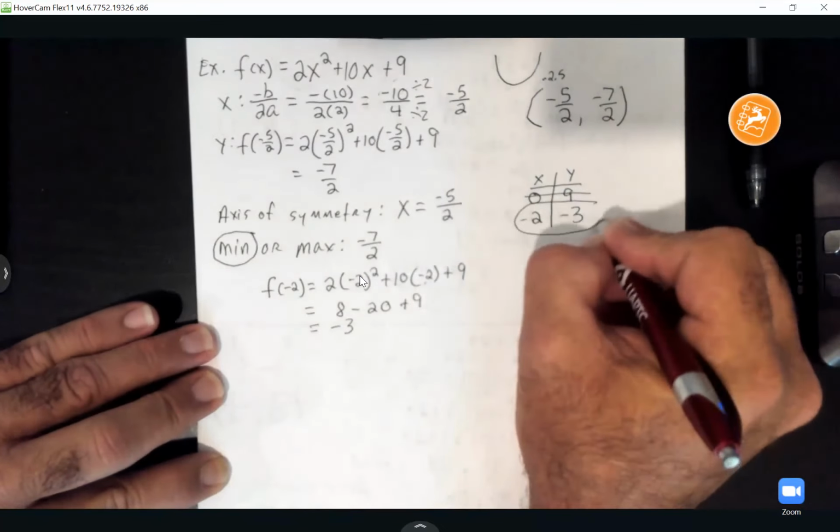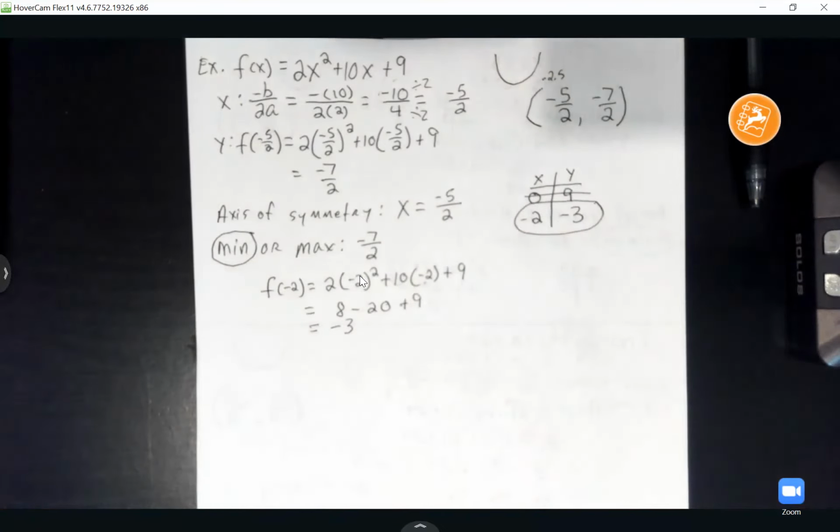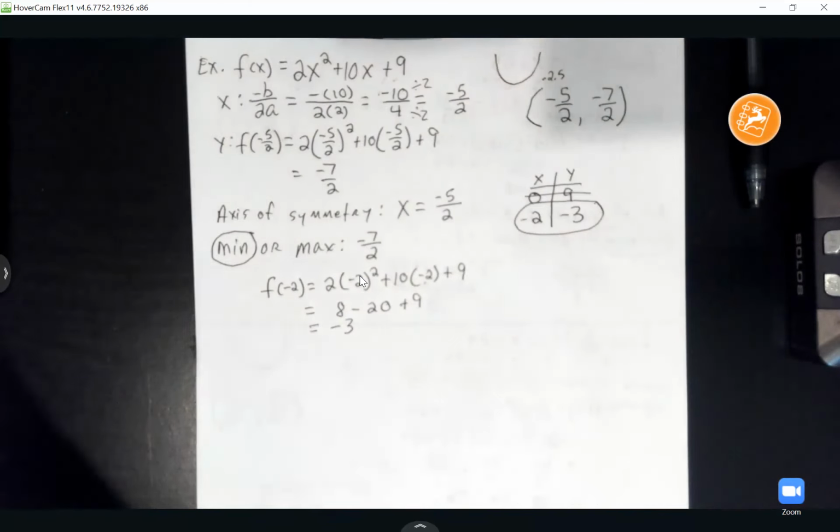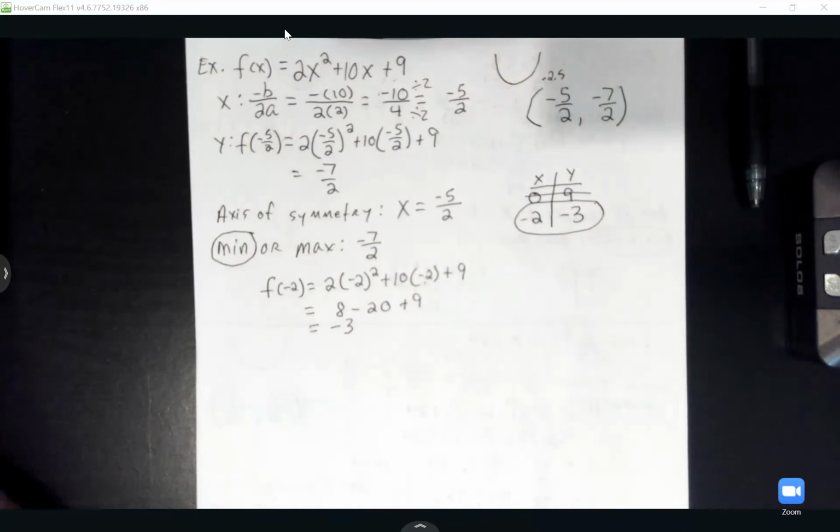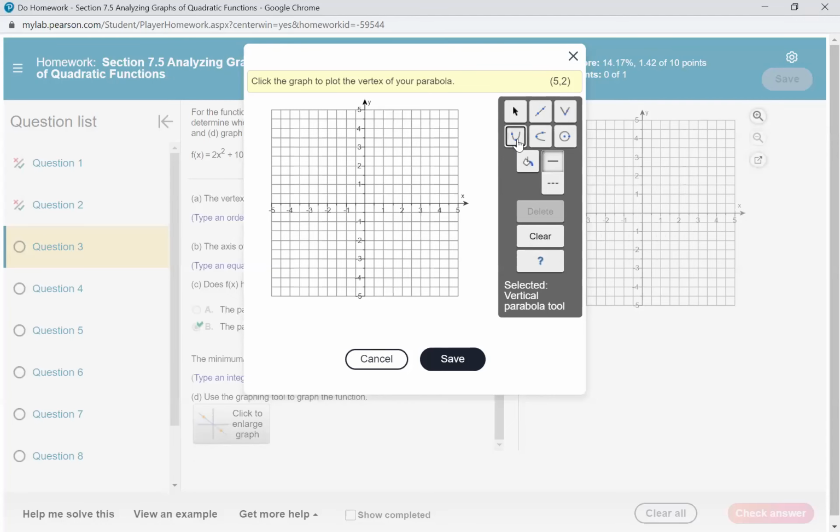So this will now fit on that graph, because remember, it only went to 5s on this. So I got my points. Let me try that. All right, so I got my parabola tool. You see how this graph is marked? It's got a dash in between 1 and then a dash and then 2. Those are going by halves.